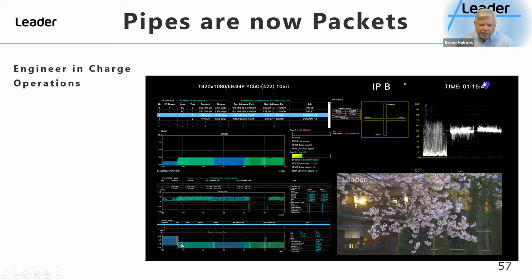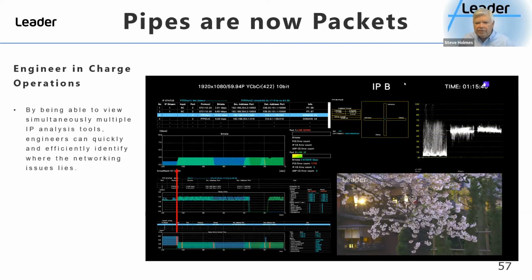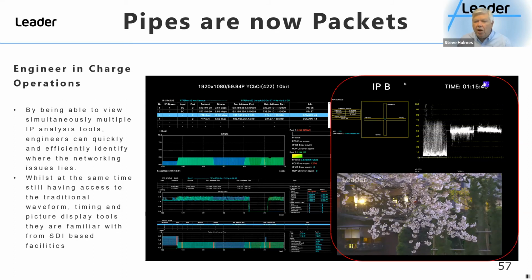We can see huge changes in how the flow should have looked compared to how it looks when switched to a different source, and see those gaps in data. We can have the timing, a waveform, and the picture data with captions and SCTE 104 markers overlaid when they come through, all on the screen at the same time, and correlate those events back to when things actually went wrong.